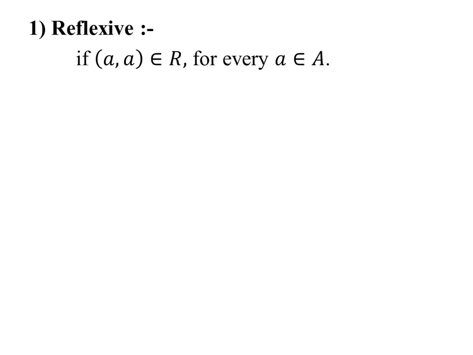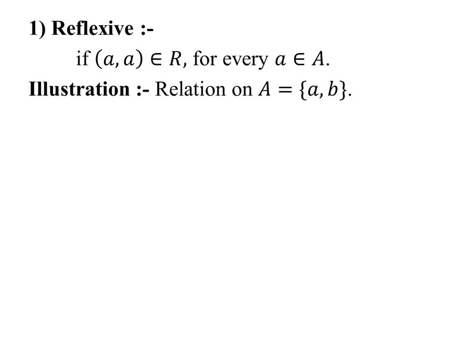The first, reflexive relation. A relation R in a set A is reflexive if (a, a) belongs to R for every a belongs to A. Illustration: relation R on a set A. R1 is equal to {(a, b)}. Here set A has two elements a and b.